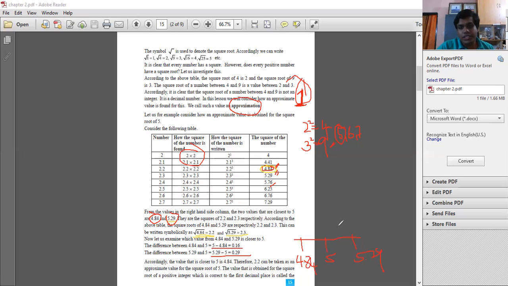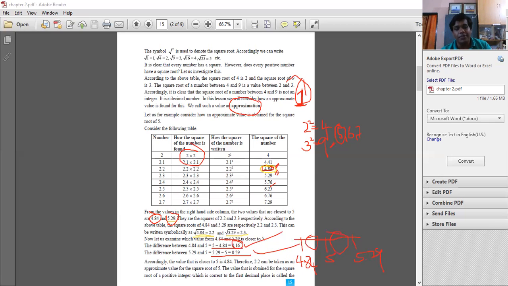So we should find which difference is closer to 5. 5.29 minus 5 gives you 0.29. 5 minus 4.84 gives you 0.16. According to this, the value closer to 5 is 4.84, because the smallest difference is 0.16. Hence, it is closer to 5.